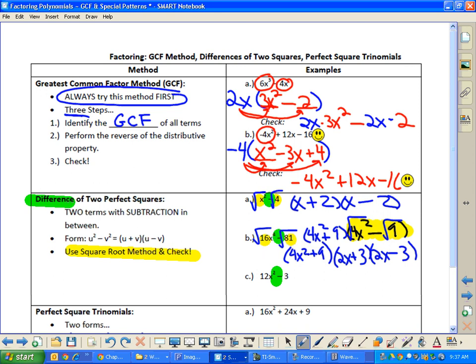Everybody see that? So what I'm trying to teach you in this case is sometimes you'll factor once, not be done yet. What's tricky about factoring sometimes is knowing when to stop. Notice that I don't have a difference of two squares left over, and I can't take out a GCF, so right now this problem's done.